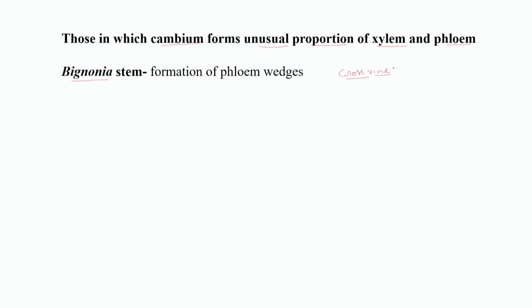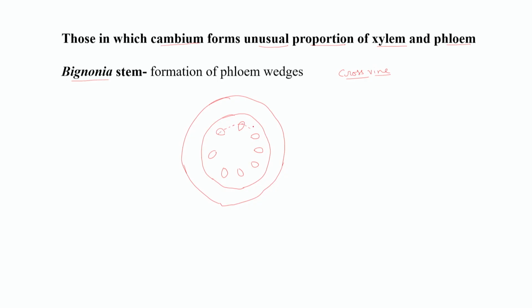Now in Bignonia, what happens? Initially everything will start with a normal structure, a normal ring of vascular bundles.